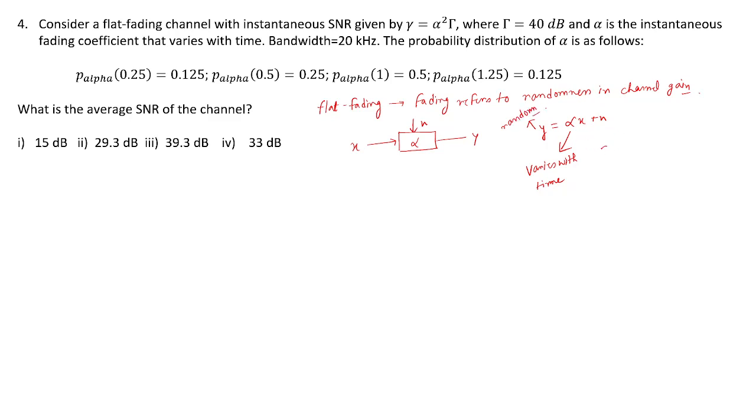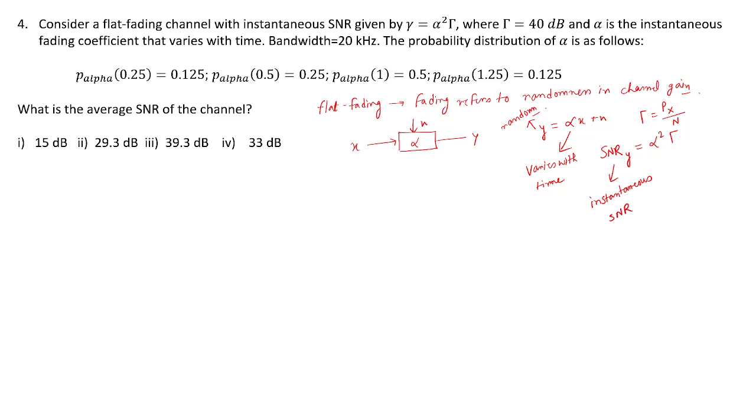Therefore, the SNR based on Y comes out to be alpha squared times capital gamma, where capital gamma is equal to transmit power of input signal X over noise. But this SNR of Y is actually the instantaneous SNR. Why are we calling it instantaneous?